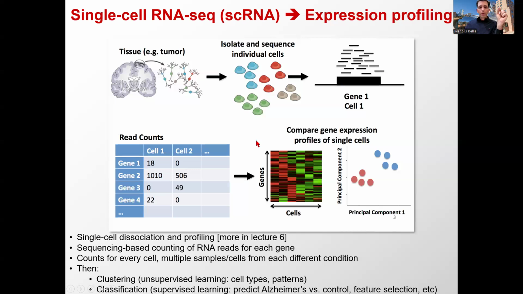And therefore, in the end, you're going to have all of the measurements that you saw an RNA molecule from gene 2 in the same cell. I'm just going to number them arbitrarily, cell 1, cell 2, cell 3. And you're going to get an expression matrix, which is simply the number of times I saw an RNA molecule mapping to that region of the genome that corresponds to this gene with a barcode corresponding to cell 1.